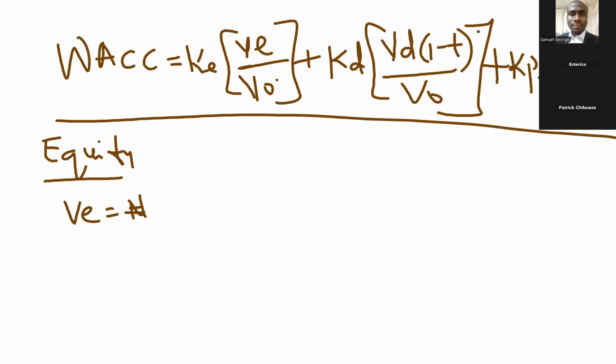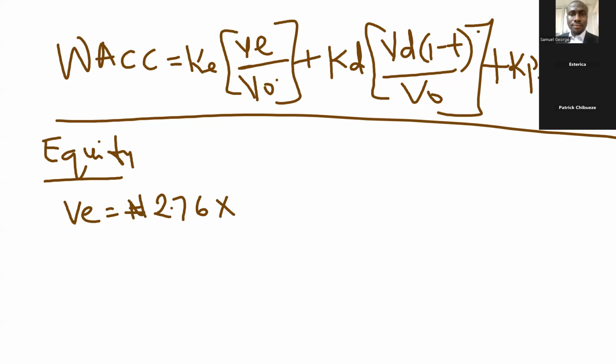The current share price is immediately after the balance sheet. You have 276 kobo. That is 2 naira 76 kobo. Good. Now, multiply it by the number of shares.